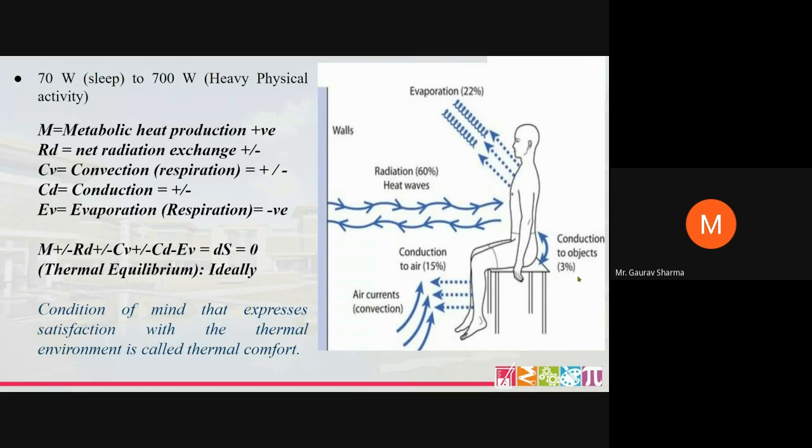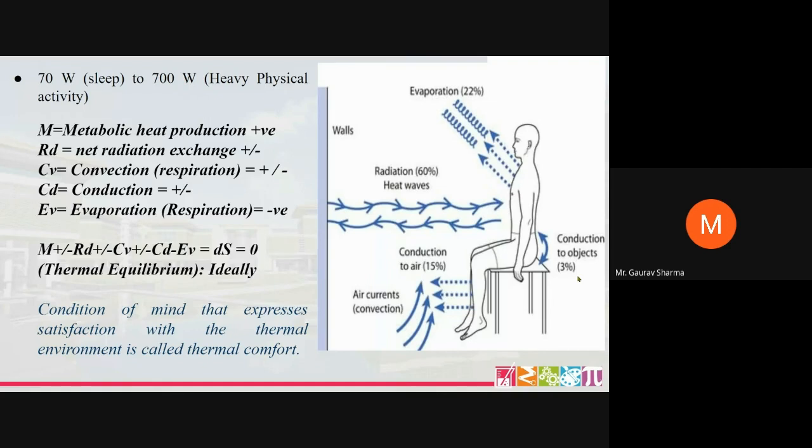Then lastly, it is evaporation. Evaporation is through your body. I told you that in case of uncomfortable conditions, using the humidity parameter, your body will lose some amount of its heat or radiations in terms of sweating activity. जो आपने देखा है पसीना आना, ठीक है?